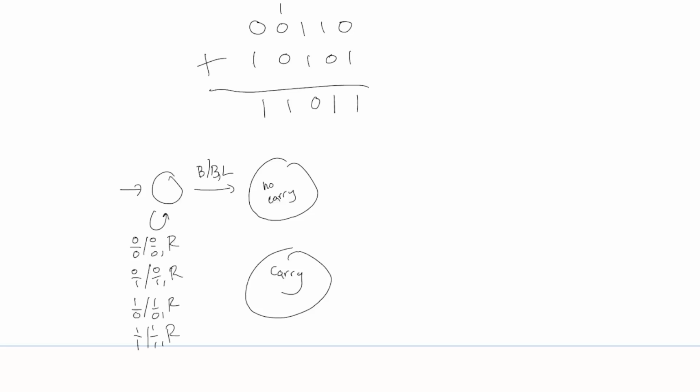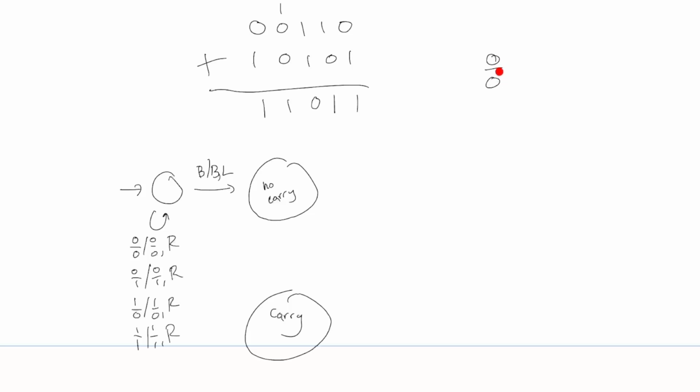And again, we just have to think about all of the possible pairs of bits you could have, all the possible stacks of bits, and what happens according to them. For instance, how about this stack? If it was 0, 0, and I'm in the no carry state, what should the answer be in this digit?